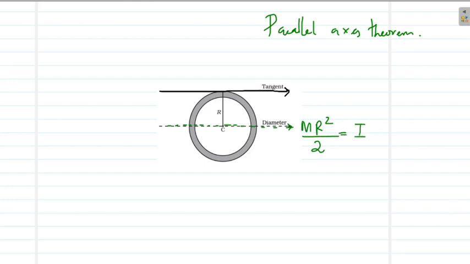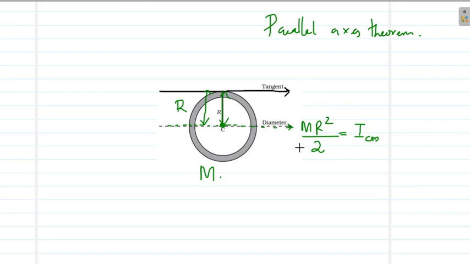So that is equal to I_CM. The center of mass of this ring is at the center due to the symmetry of the ring. Now the total mass of this ring is M, and the perpendicular distance between these two parallel axes is R, the radius of the ring itself.